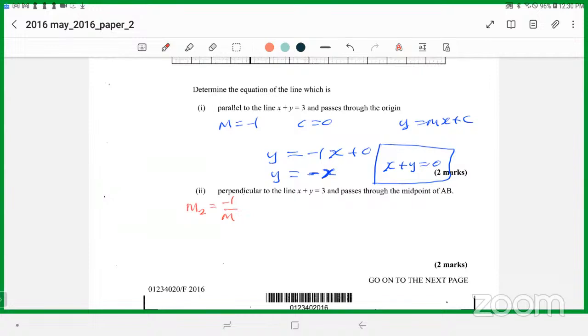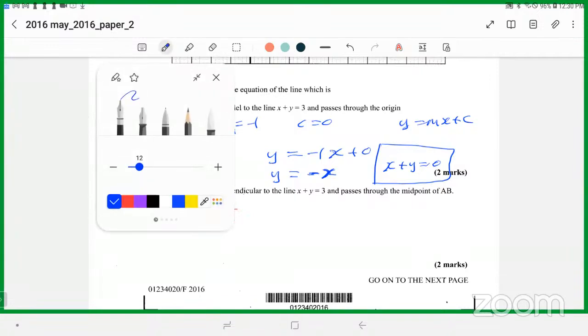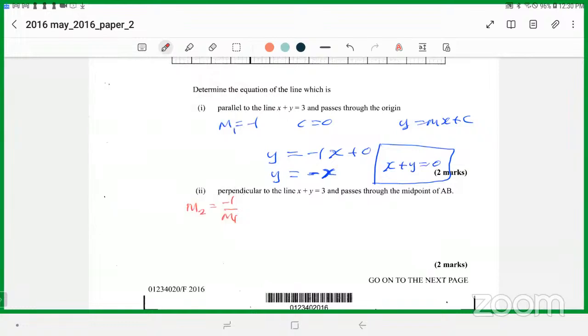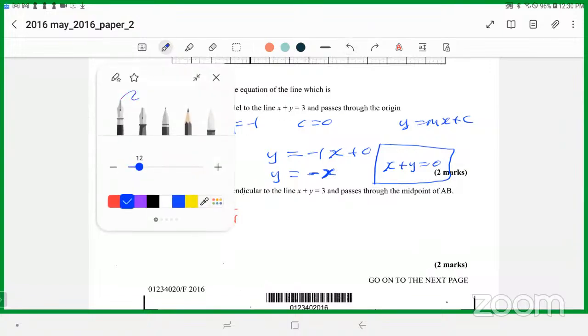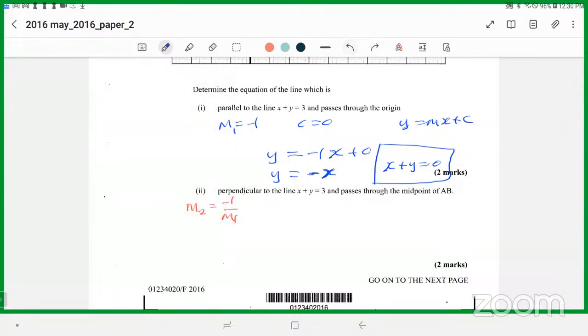Let's call this line 1. So -1 over line 1's gradient of -1 gives just 1. So the gradient of the line that we want is 1.